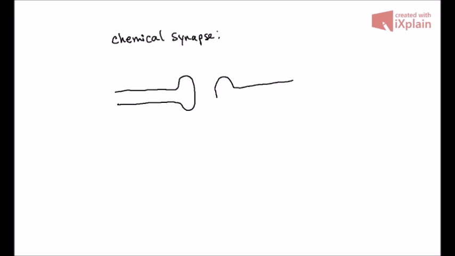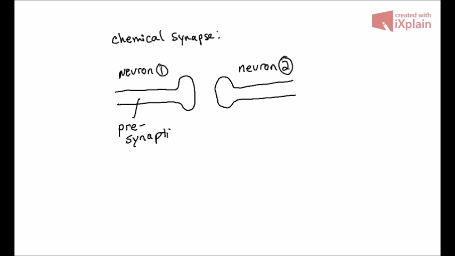Now, in a chemical synapse, say we have two neurons. So this is a chemical synapse. We have two neurons. Here's the end of one neuron, and here's the beginning of another neuron. So this would be neuron number 1 and neuron number 2. So neuron number 1 would be considered the presynaptic neuron.